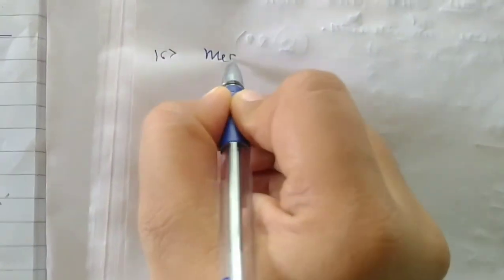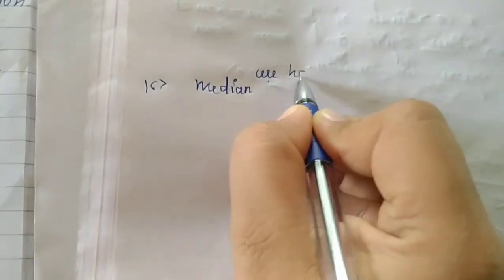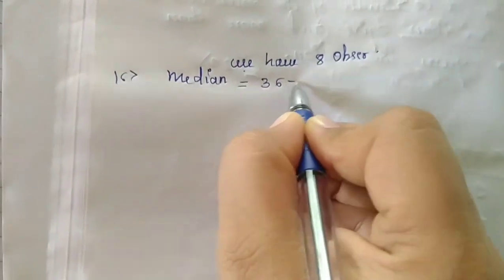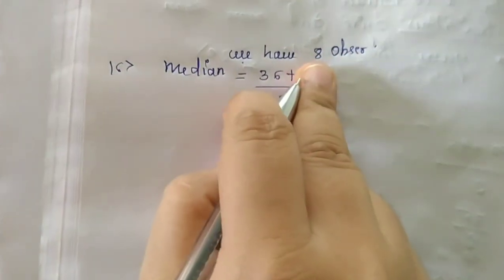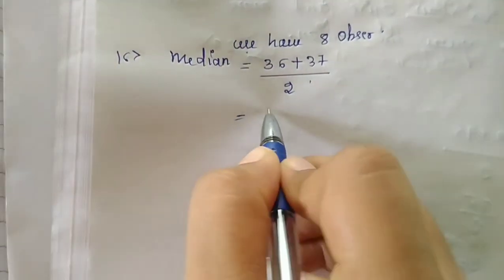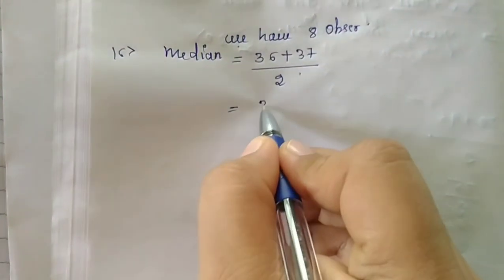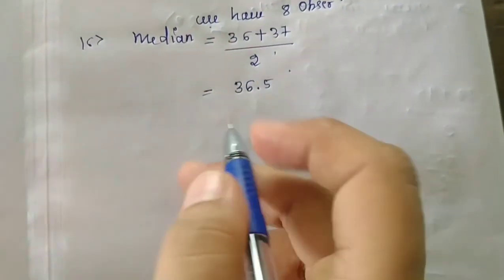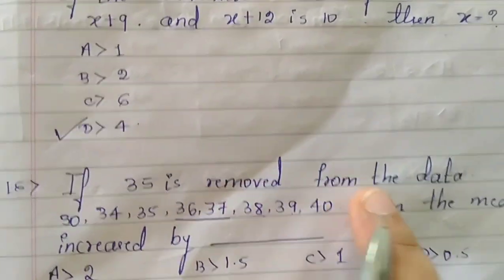The median will be equal to 36 plus 37 divided by 2, because the number of observations is even. When you add these up and divide, you get 36.5. Now the next thing is the condition they have given, if 35 is removed from the data.